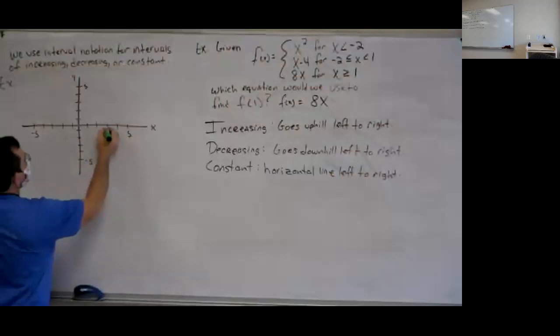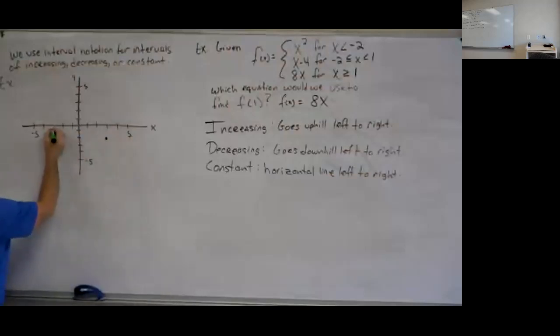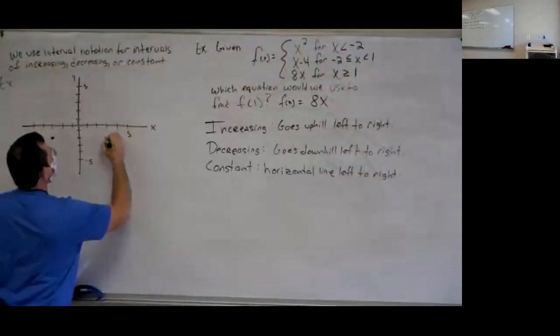All right, so right here at 3, -2, I have a point. And then at -3, -2, I have a point. So 3, -2, and -3, -2.